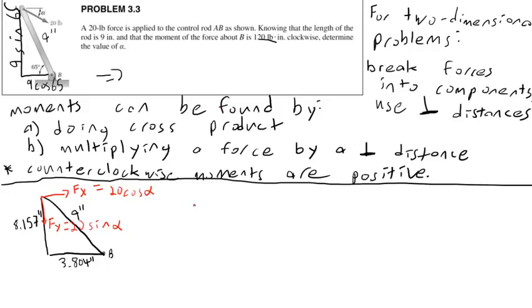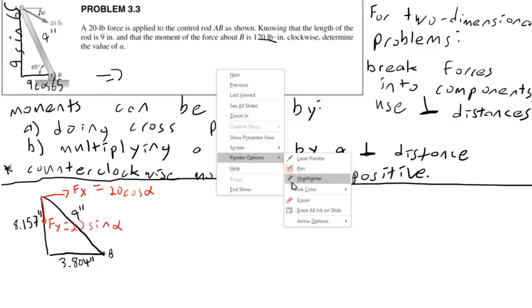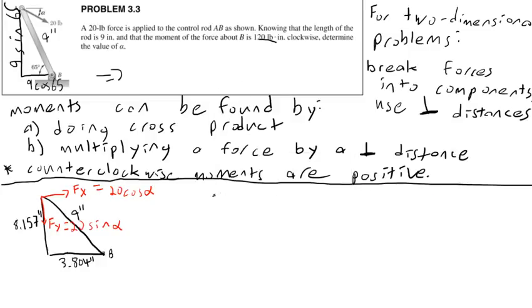Okay, so what's next? Well, now we just apply balance of moments. So I know that the sum of moments about point B is 0. So notice my notation here. Sigma means sum, M for moment, B is the point that I'm taking moments about, and then I have a little symbol here showing counterclockwise positive.